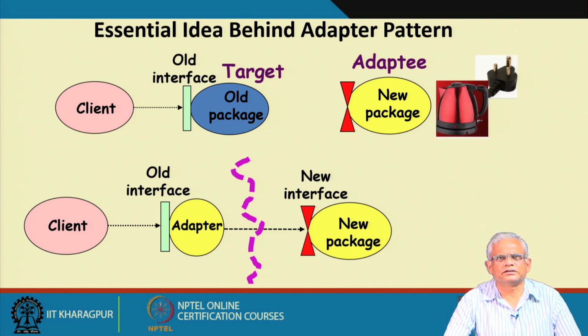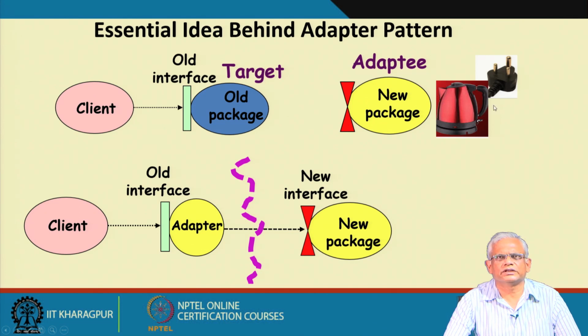Now, let us try to visualize that in terms of a non-software example. Please identify what do we call this. Is it a target, adaptee, or adapter? This is the old interface.